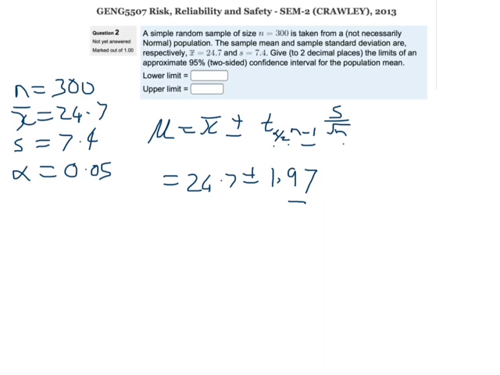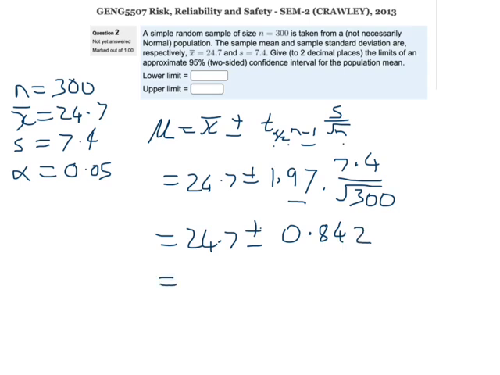So let's keep on going. 1.97 multiplied by 7.4 divided by root 300. And that's going to be equal to 24.7 plus or minus 1.97 times 7.4 divided by root 300. That's 0.842.